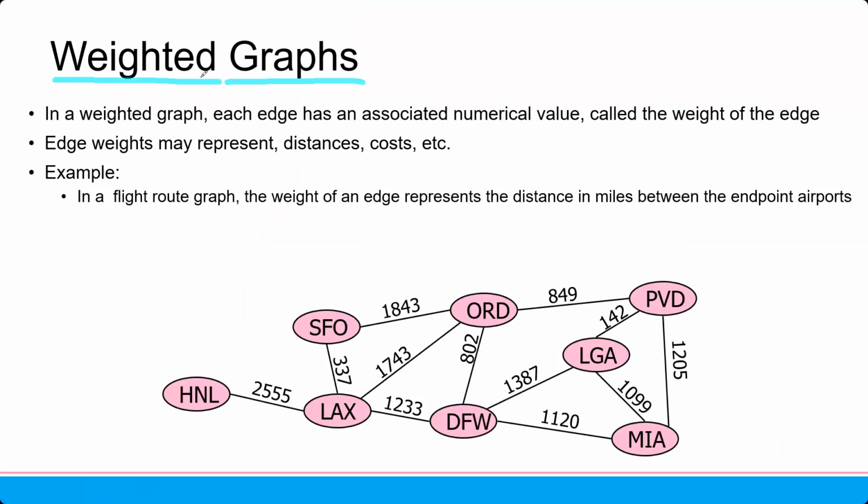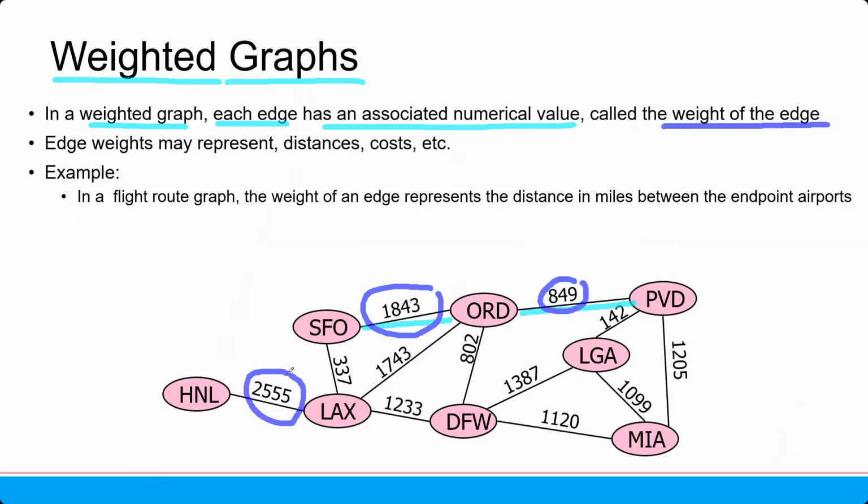The weighted graph means each of the edges, this is an edge, this is an edge, has an associated numerical value. So we call this the weight of the edge. So this is the weight, this is the weight, this is the weight, and so on.